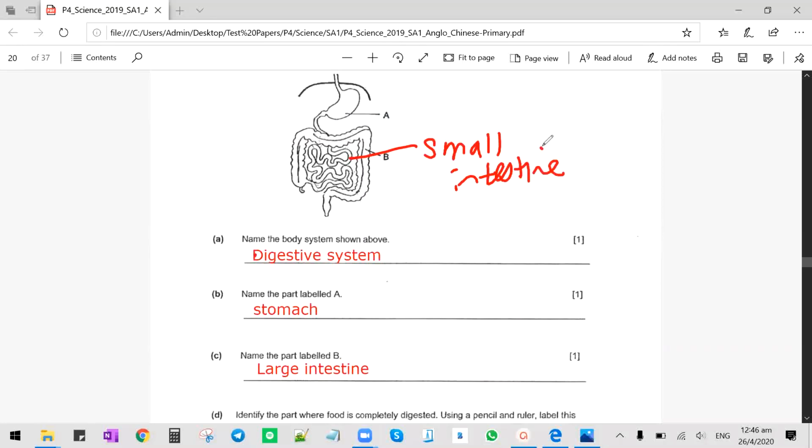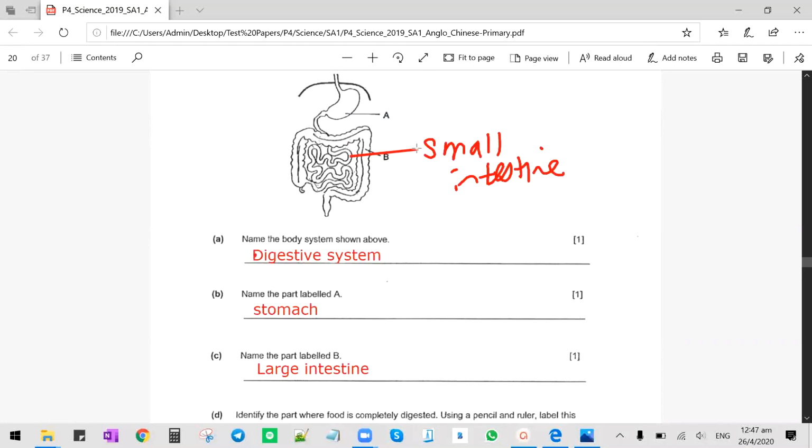Identify the part where food is completely digested. Using a pencil and a ruler, label this. So food is completely digested in the small intestine, exactly what I was labeling over here. So a pencil and a ruler, I'm using a straight line now.